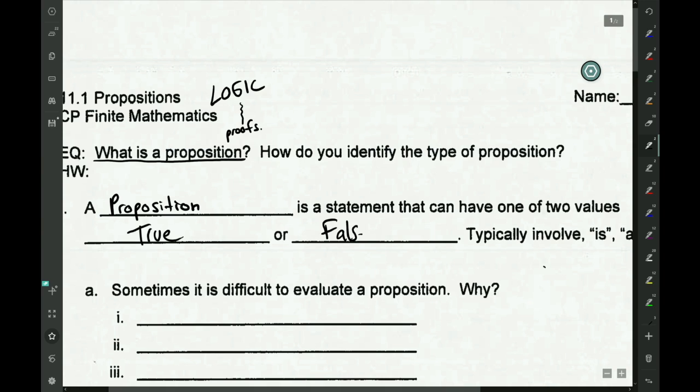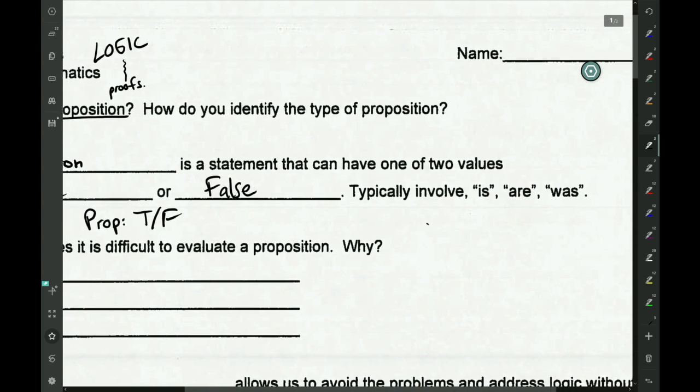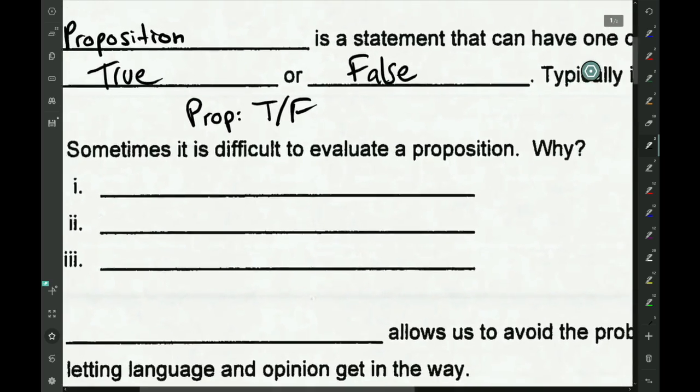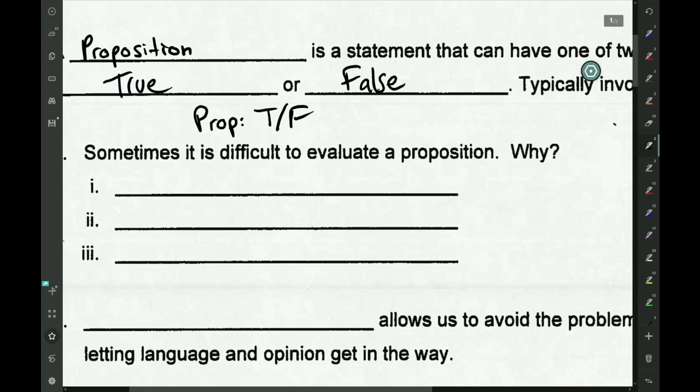Think of it as a true-false question. Typically they involve the words is, are, and was. It can be difficult to evaluate propositions because of unclear meanings, maybe differences in opinions.